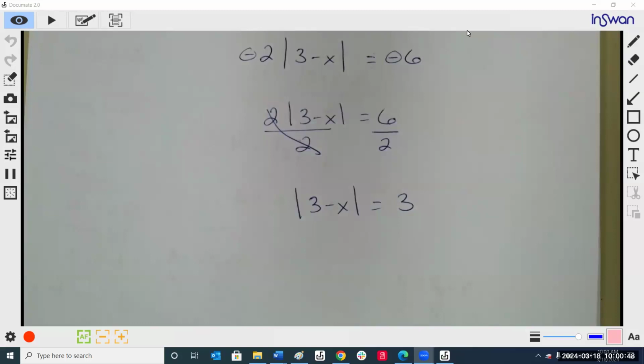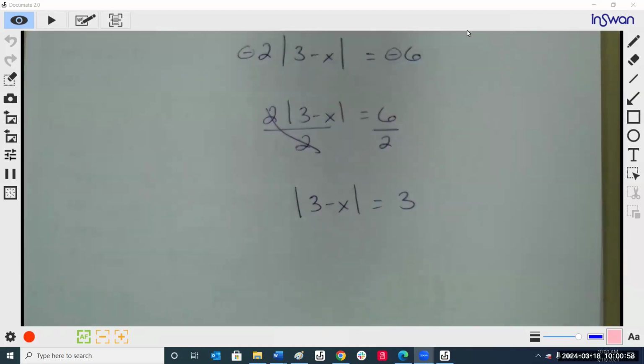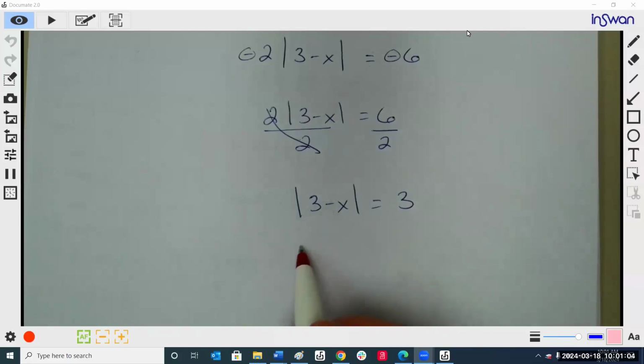Don't get nervous. Inside there, you can't do anything. We drop the absolute value. You have to put a plus or minus in front of it. You're getting gun shy there.